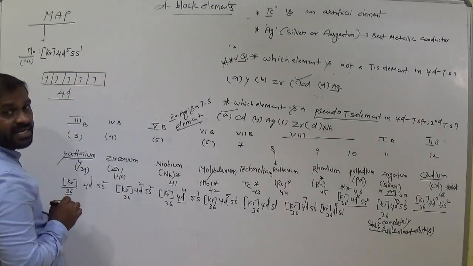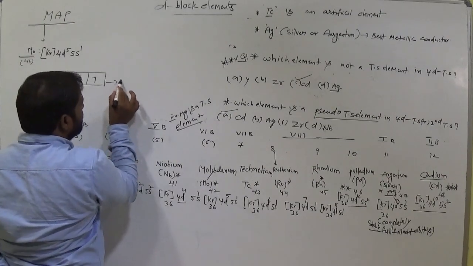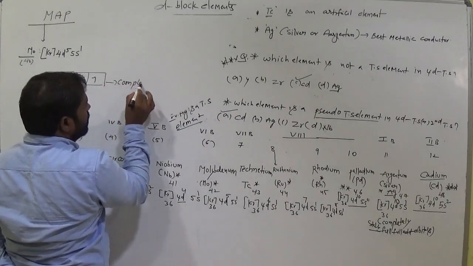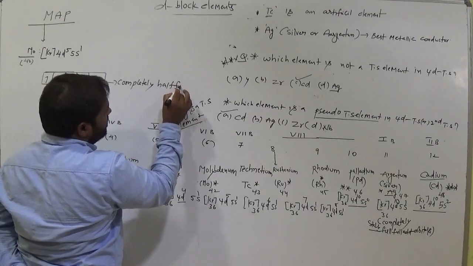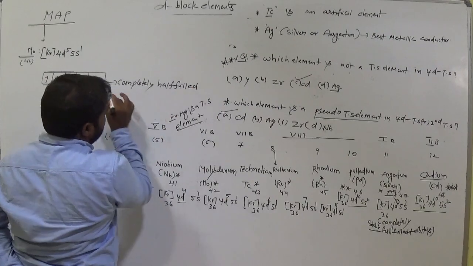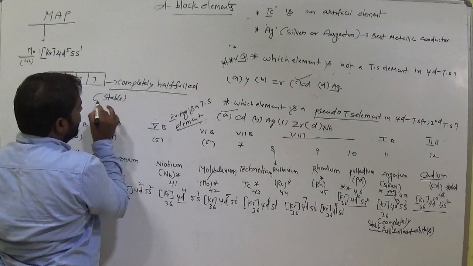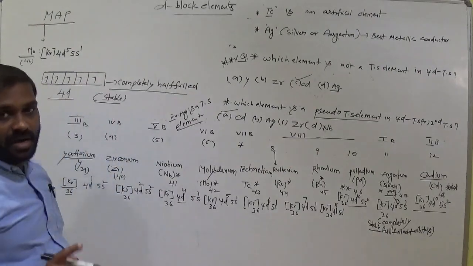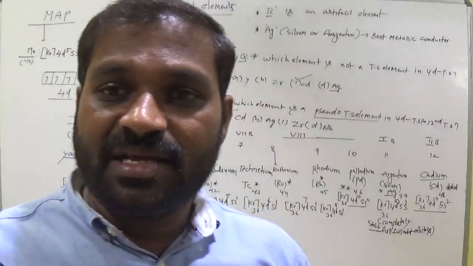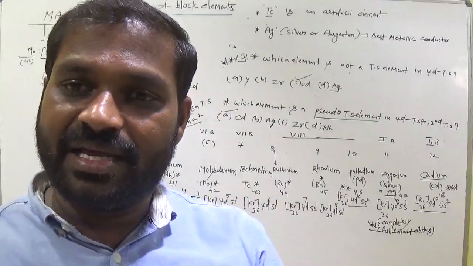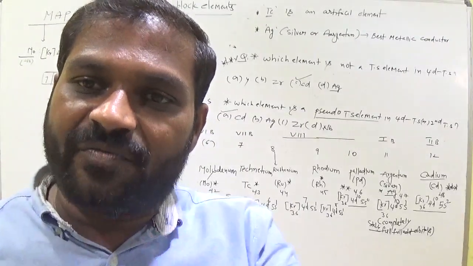Am I right? 5 electrons are there in 4d, so it is half filled. That means highly stable. So in molybdenum we have half filled d orbitals. Is it stable or not? Clearly stable. Either completely filled d orbitals or half filled, it is stable.